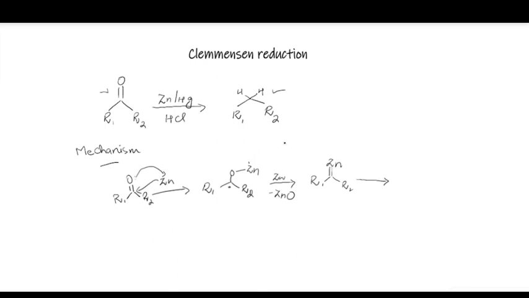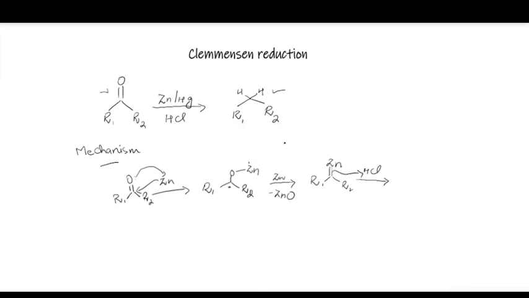This intermediate then reacts with the acid that is present, the HCl. So you can see that we have carbon bonded to zinc, and because this is a carbon-metal bond, this carbon will act as a nucleophile and it will attack this proton here.